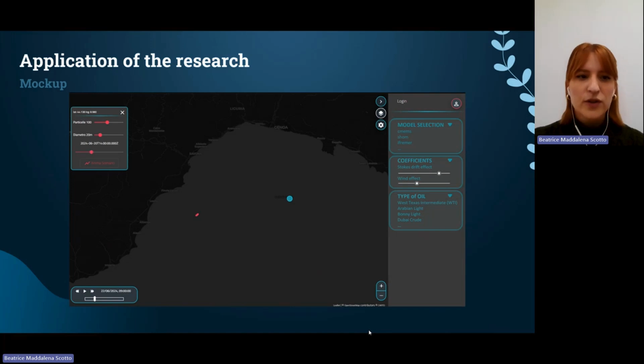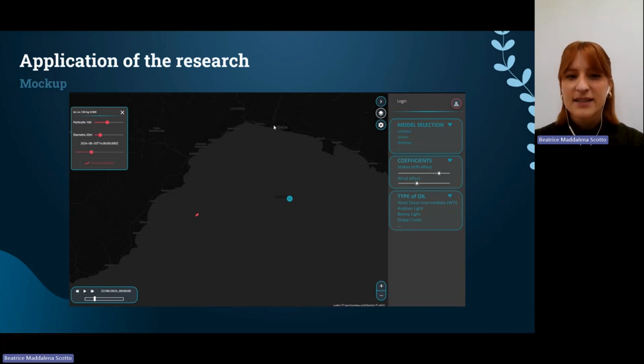So we want, of course, to improve these first results, and this is just a mock-up of how it will be in the near future. We want to, of course, add the Stokes drift and the wind effect. And on the right-hand side, you will have the selection of the models that you want to use, different sliders for coefficients depending on the needs, because the coefficient will be in a range that you can select.